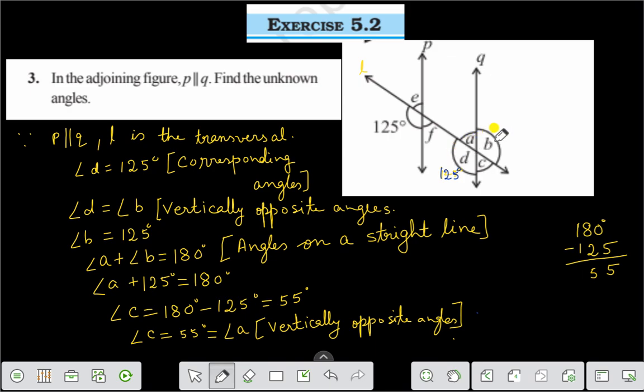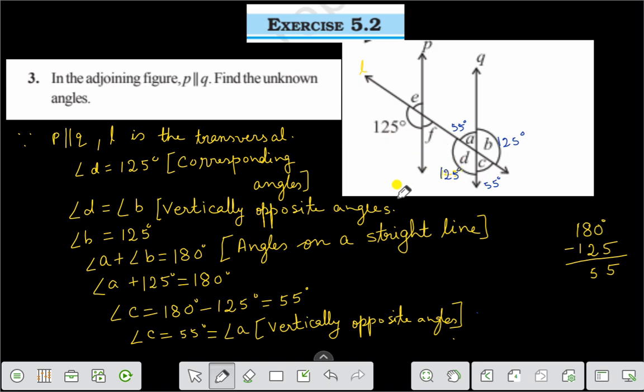The angle B is also 125 degree because these are vertically opposite angles. Right? Angle A is 55 degree, because angles on a straight line is always 180 degree. Since A is 55 degree, therefore value of C is also 55 degree because they are vertically opposite angles. Right? We find these values.